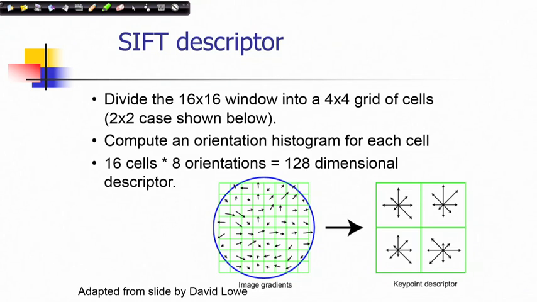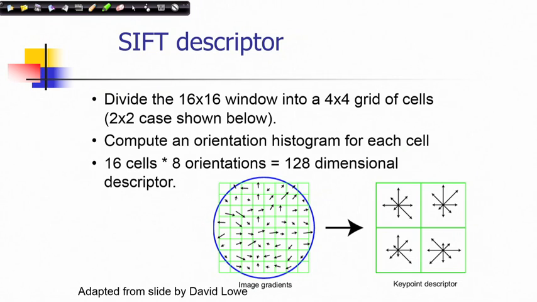Next, you divide this 16 cross 16 window into a 4 cross 4 grid of cells. In this diagram it has been shown as 2 cross 2 for a typical example, and for each cell you compute an orientation histogram. So the computation of the orientation histogram is not over the whole 16 cross 16 window, it is over each of the 4 cross 4 grid of cells, and each one will have 8 histogram bins.